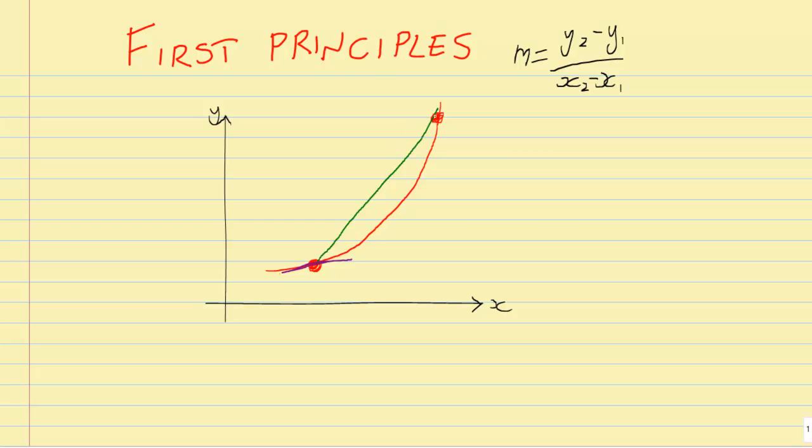So we might say to ourselves, okay, well maybe instead of that line, we'll move our point down to here, and we'll make that our second point. So if we're going to calculate that gradient, it's going to be a line like this. And we think, okay, that's better. That's a lot better than what we had before, but it's still not great. So maybe we'll put our point in there.